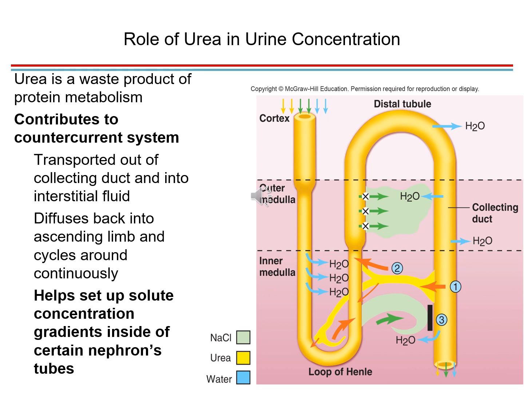Urea is a waste product produced by the cells after protein metabolism, and certainly it needs to be excreted. The only way we have to excrete urea is through the urinary system.